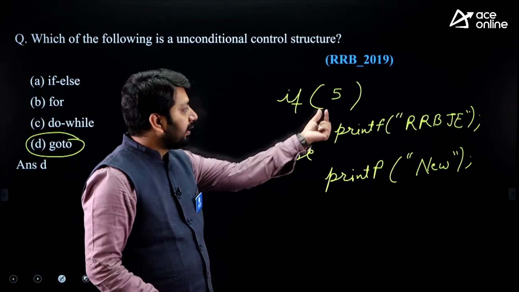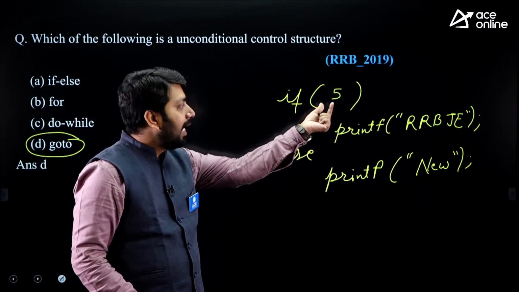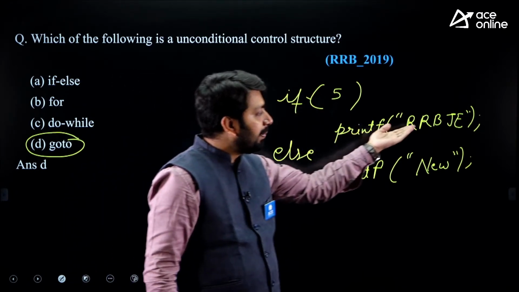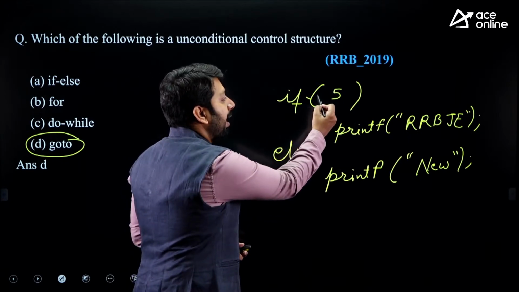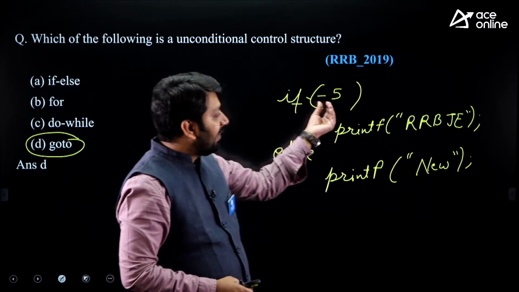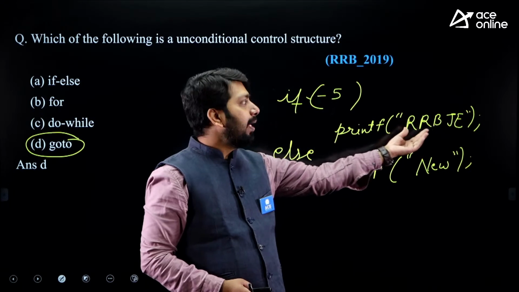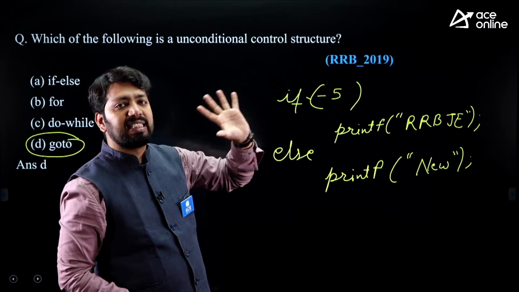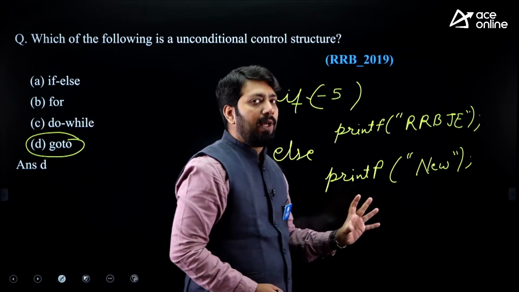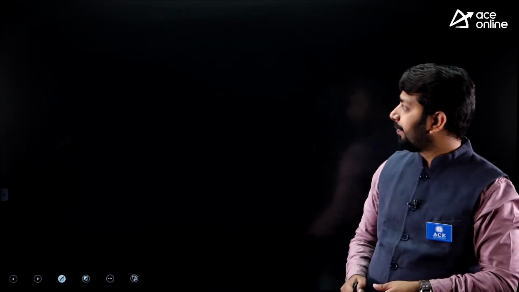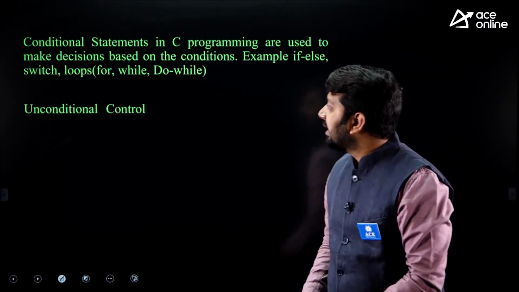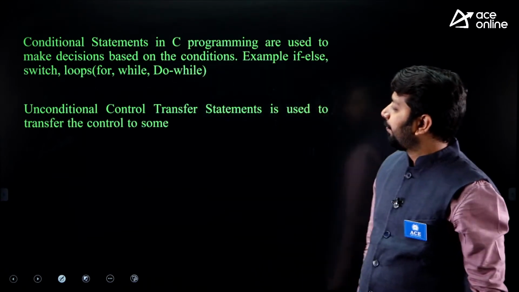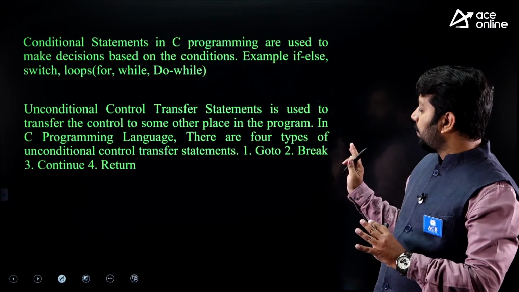You might be thinking, sir, it is not a condition. It is a condition, and 5 is considered as non-zero. So the condition is true, and you will print RRB JE. If I write -5, again it will print RRB JE. Why? Because all the non-zero values, either positive or negative, are considered as true. Conditional statements in C programming are for, while, do while, if-else, switch. I hope you understood my point.